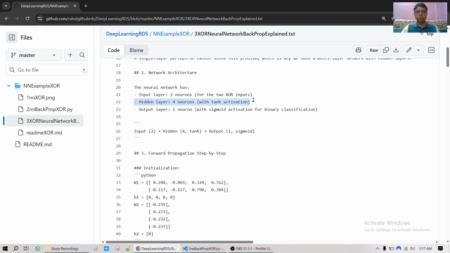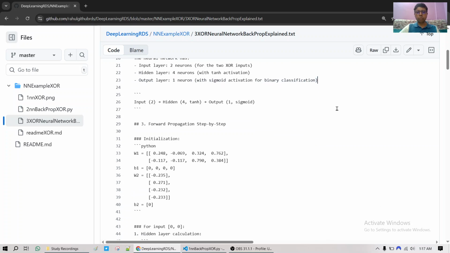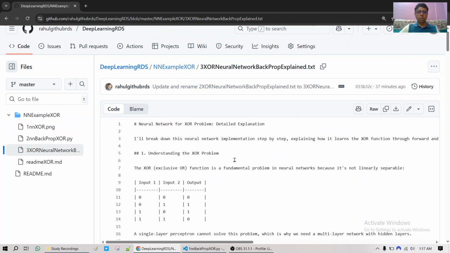So you have to keep the hidden layer neurons concise so that it is appropriate for the learning. And in the output layer, we have one neuron which will do a binary classification, like in the XOR. It's zero for this combination.